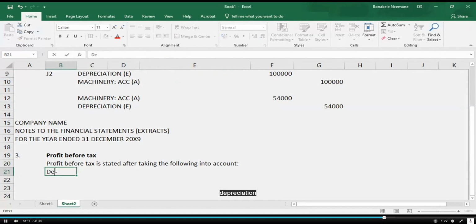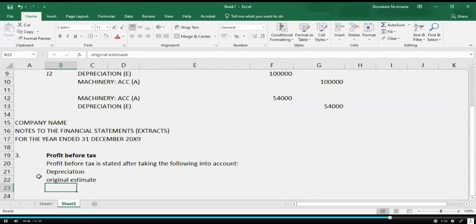Depreciation now relating to original estimate and depreciation relating to change in estimate.